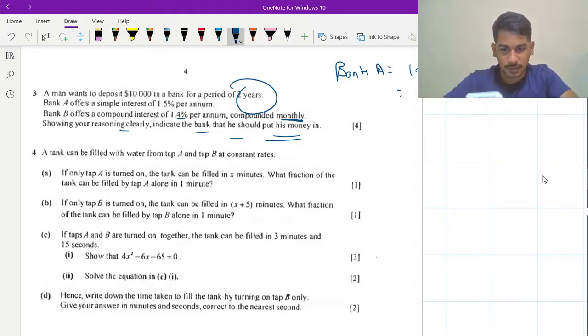Let's calculate the interest for this one. 10,000 times 1.5% over 100 is $150. You get $150 per year, so for 2 years you get $300 in total. For Bank B, now it's interesting.